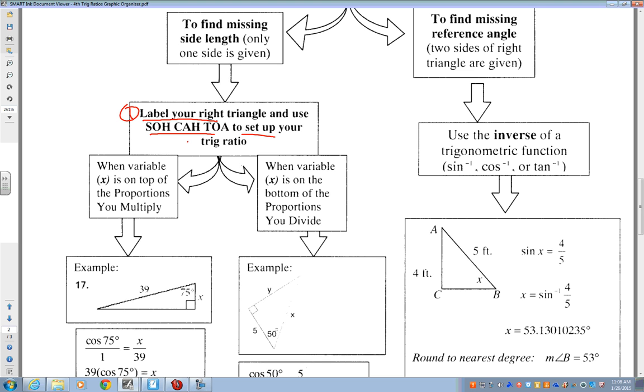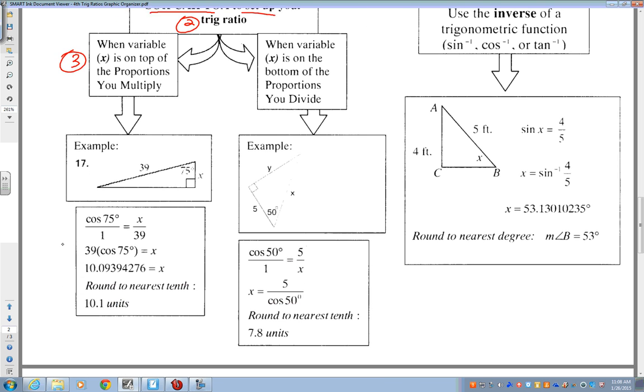Set up your trig ratio. That's the second part. And then third, depending on your ratio, when x is on top of the proportion, you multiply. When x is on the bottom of the proportion, you divide. So this is the third thing I'm going to check for. So it's label, trig ratio, where is x? So they're showing you an example of that.